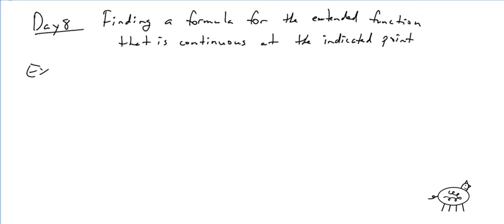Basically, we're going to have a function that's discontinuous at a point, and we're going to create a function that will make it continuous at that point.